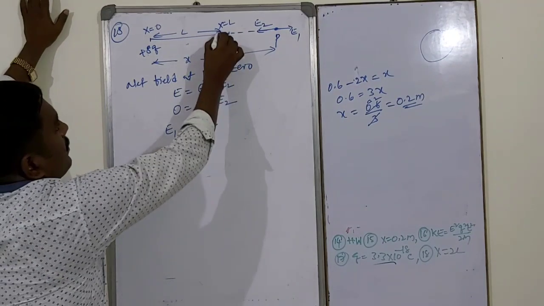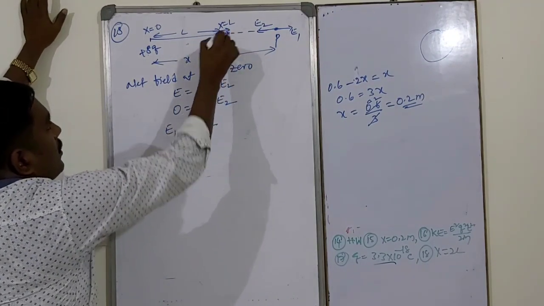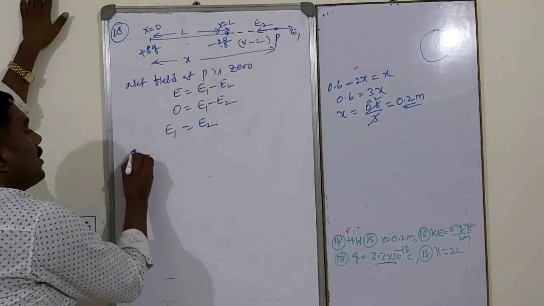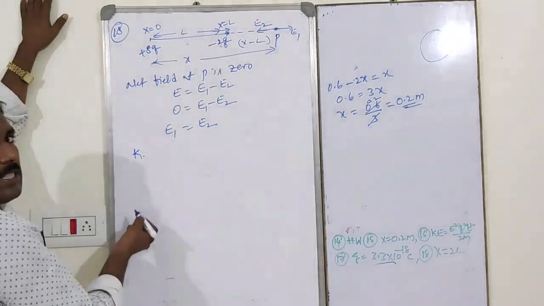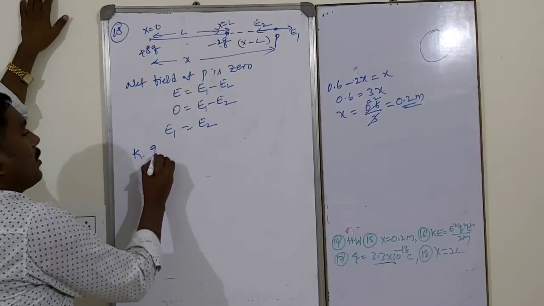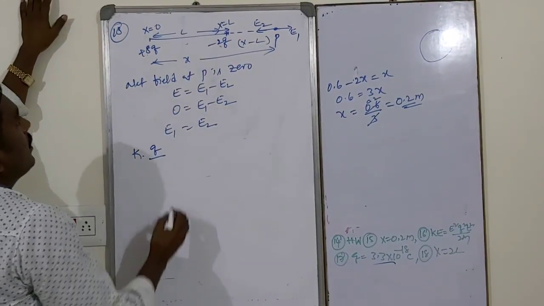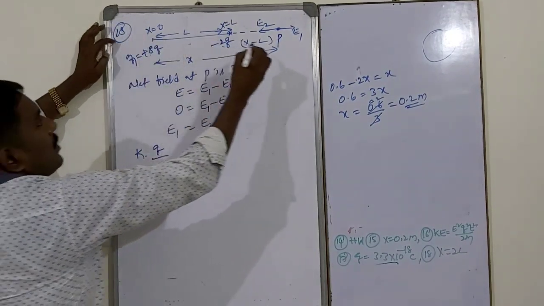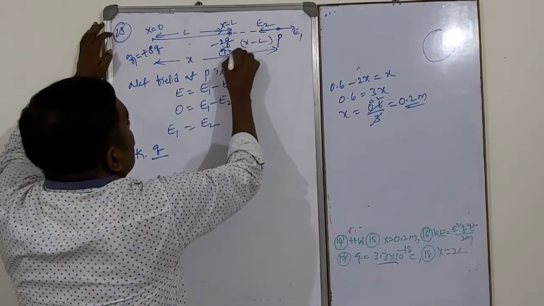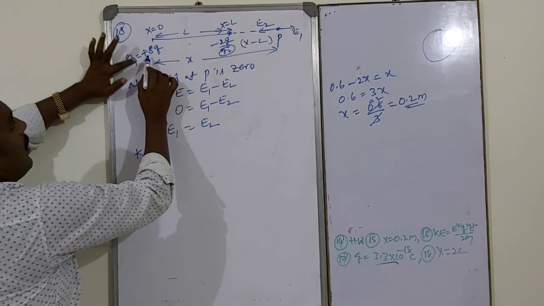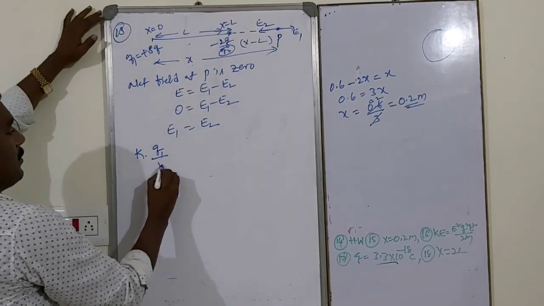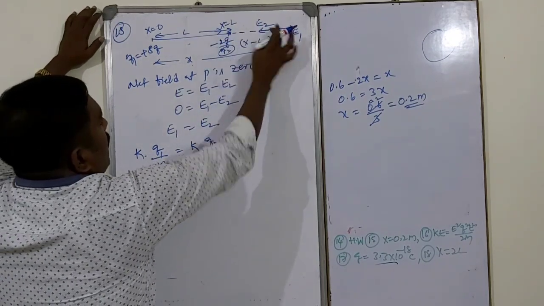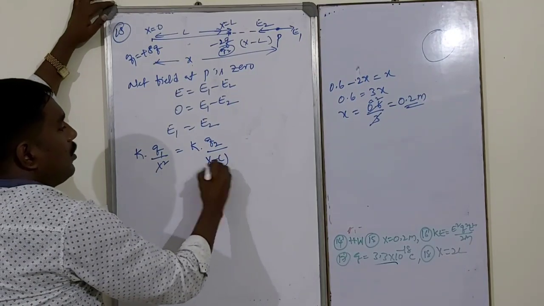This is x minus L. So E1 is equal to the constant, 1 by 4 epsilon naught, k q by distance squared. So k q1 by x square is equal to k q2 divided by the distance of this charge from point P, x minus L whole square.